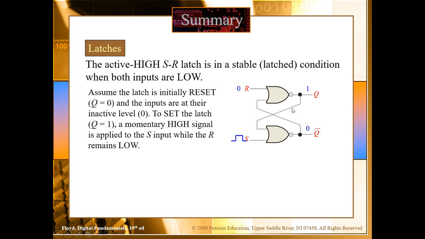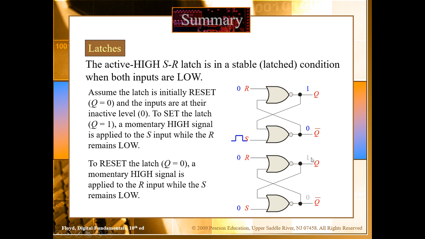And so this 1 is then fed back in to the input of this gate, which sets up the condition for a 0 on the output again. And so basically this thing is constantly feeding itself the input that it needs to hold a 1 on the output. Even if my S value changes from a 1 to a 0, this still has this 1 being fed back into it, and therefore it will continue to hold this value on the output.